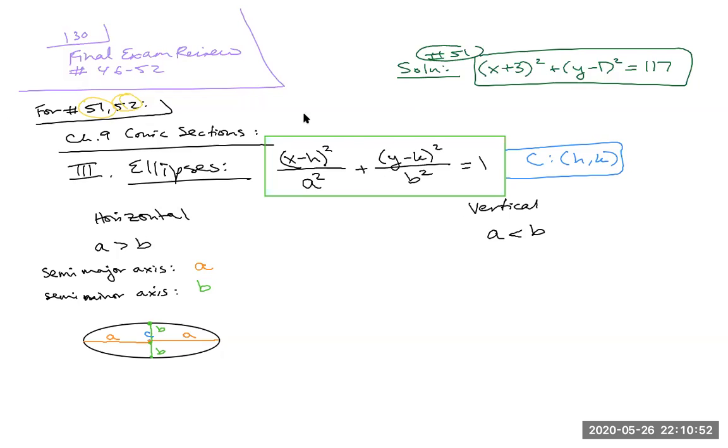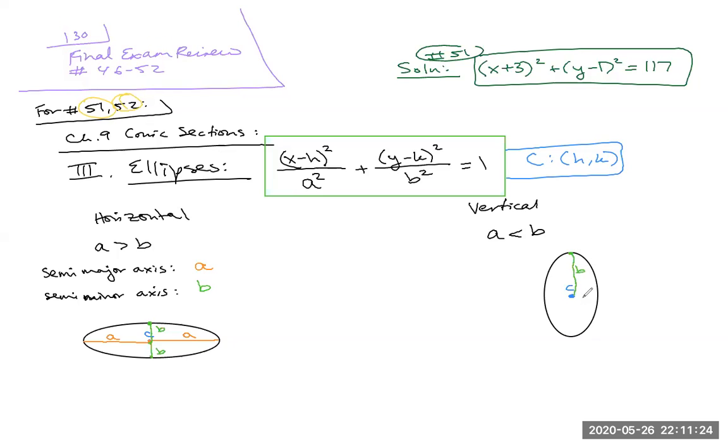All right, if we're looking at a vertical ellipse, so hard to keep track of all the colors and stuff. Here we go. Again, we're going to have our center at (h, k). But now your semi-major axis is going to be B because it's longer.